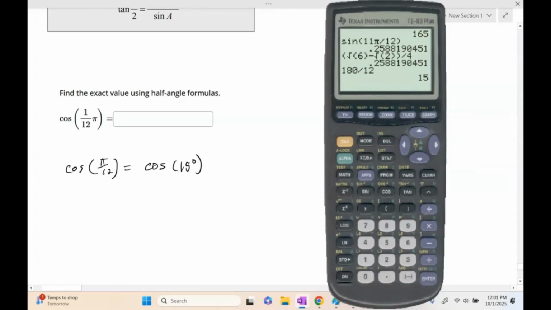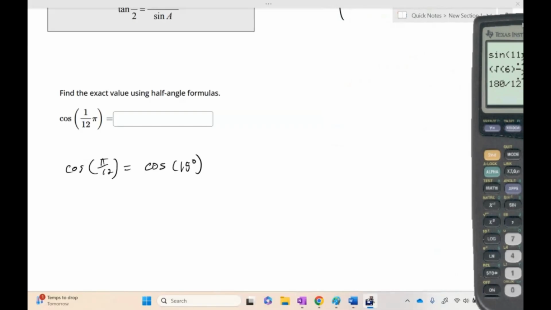You probably answered this in section 3.1, and you probably used the difference of cosines, like 45 minus 30, and you got the answer that way. And that will be the correct answer. But if you're using these half angle formulas, the answer is going to look totally different. So now how do I use the half angle? Like we did with add and subtract, where you find an angle that you can add or subtract, here, since I'm using a half angle, I need to find an angle that 15 is half of.